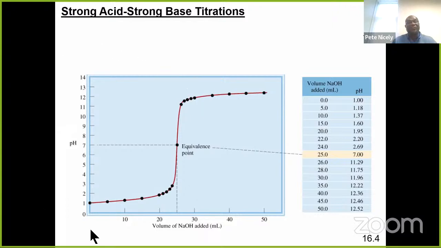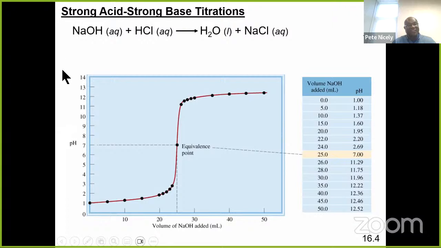All right, now this plot here is a plot of the titration of a strong acid and a strong base. More specifically, I think I'm correct, the reaction between the strong base, which is sodium hydroxide, and the strong acid, which is hydrochloric acid, right?